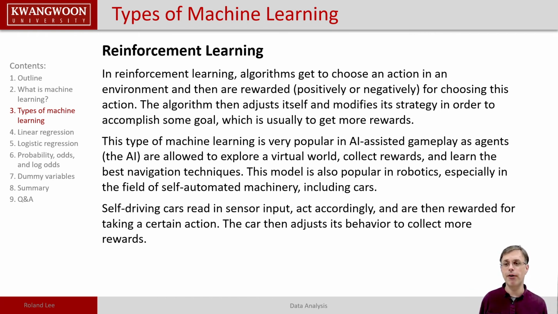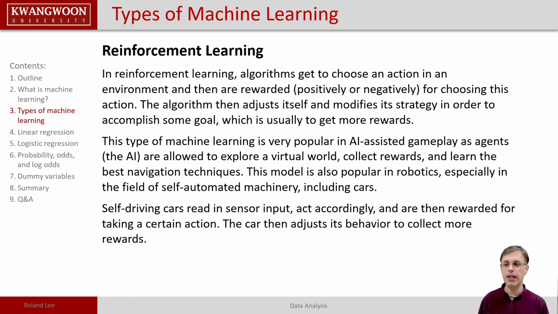Now, this type of machine learning is very popular in artificial intelligence, so AI assisted gameplay, as agents are allowed to explore a virtual world and collect rewards and learn the best navigation techniques. This model is really popular in robotics, especially in the field of self-automated machinery, so self-driving cars.